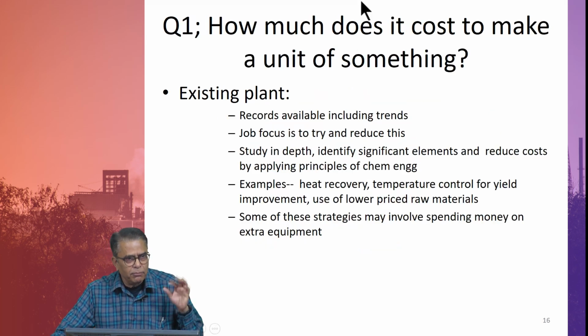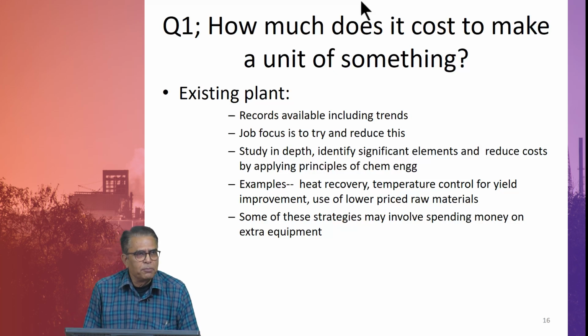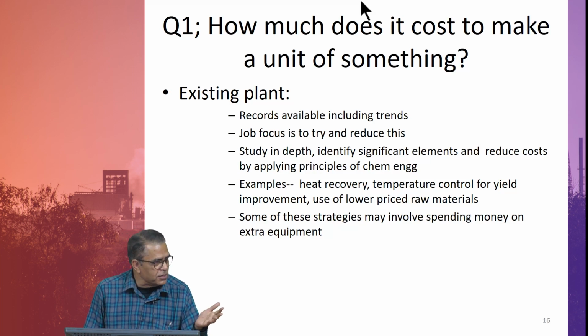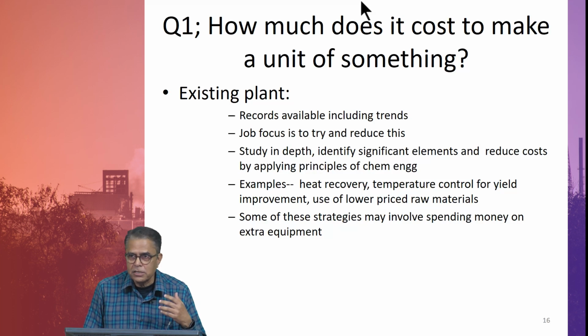Question 1, manufacturing unit. Normally in a running plant, like I said, you are not going to be employee number 1, therefore it has been running for some time. A lot of records will be available to your heart's content. Almost all manufacturing plants, big and small, do this very well.